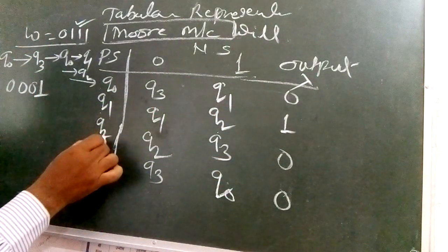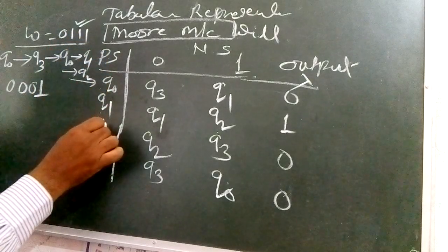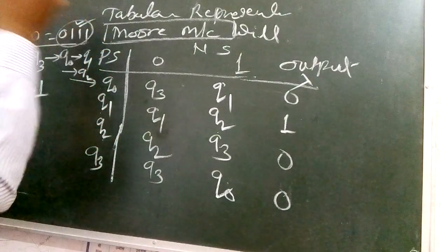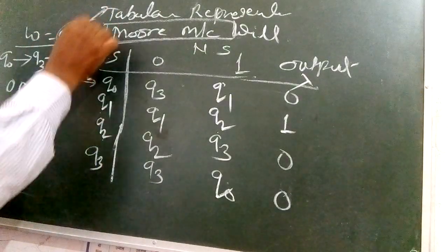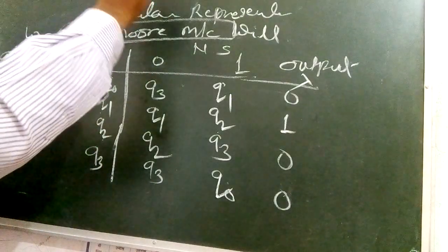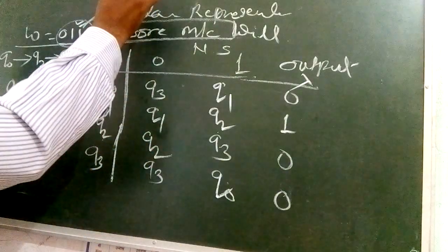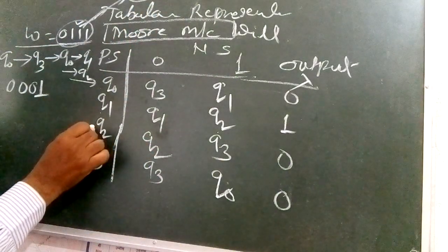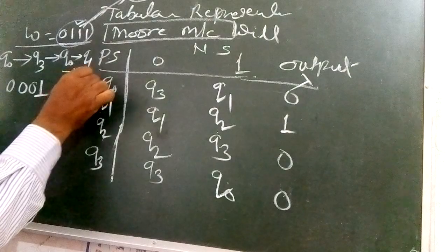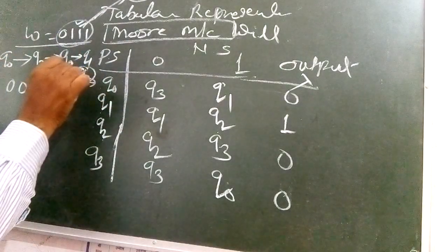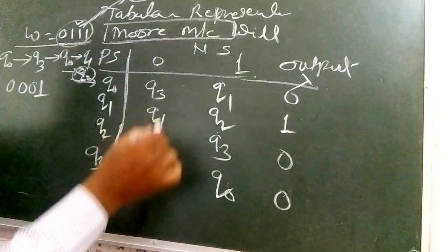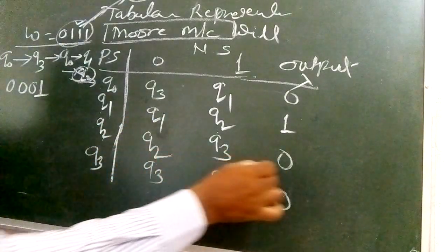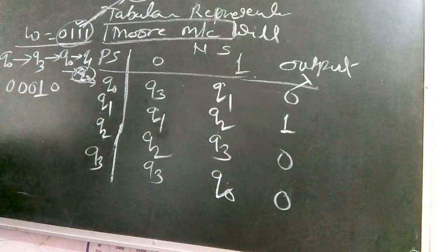And after the last input there is no string, that means there is a null string. For the null string, the machine's last state is Q2, and from state Q2 for the null string it will again show the output 0.